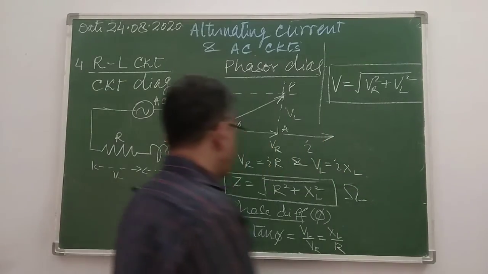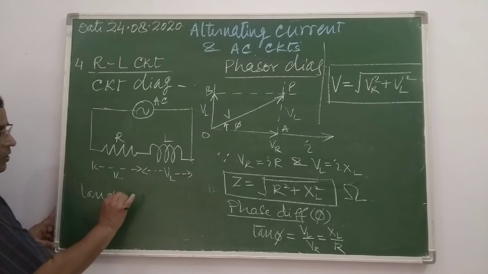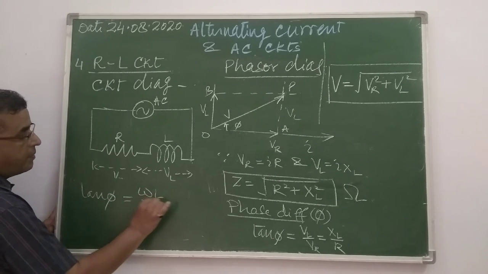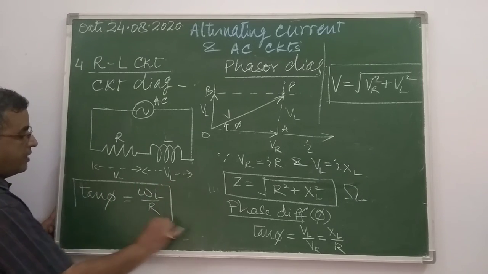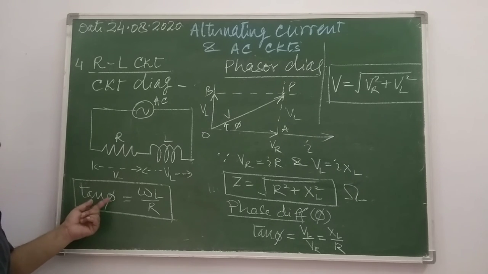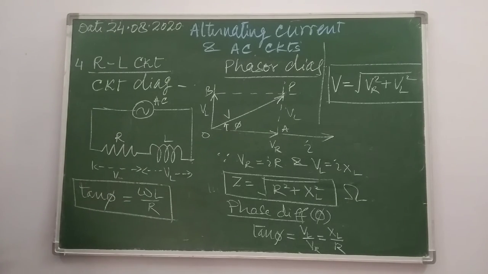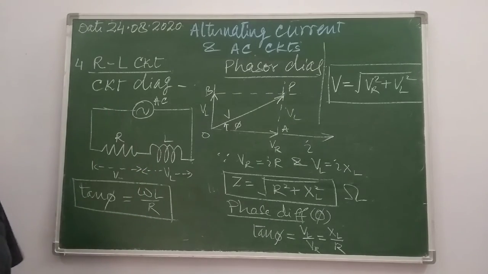Or we can write tan phi equals XL, which is omega L, upon R, or phi equals tan inverse of omega L upon R. So this is the phase difference. These are the important points of this RL circuit. Thank you.